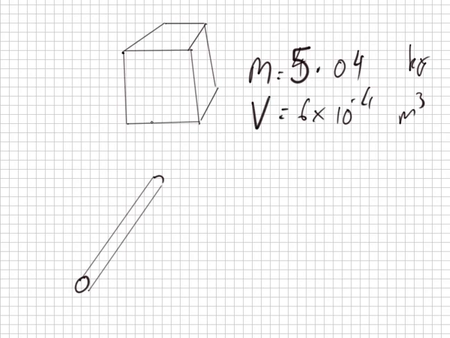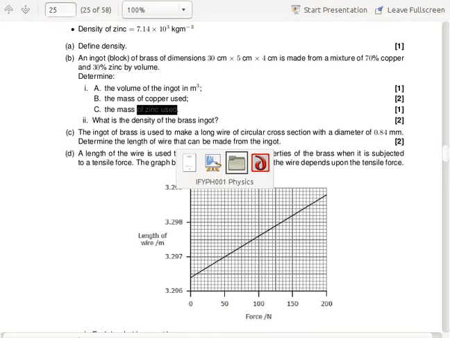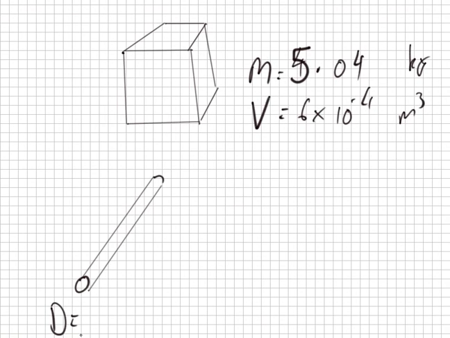And as long as you keep the density the same, that you don't dilute it or mix it with anything else, the volume will also be the same. They give us the diameter here, 0.84. So 0.42 millimeters is the radius. And they want the length.